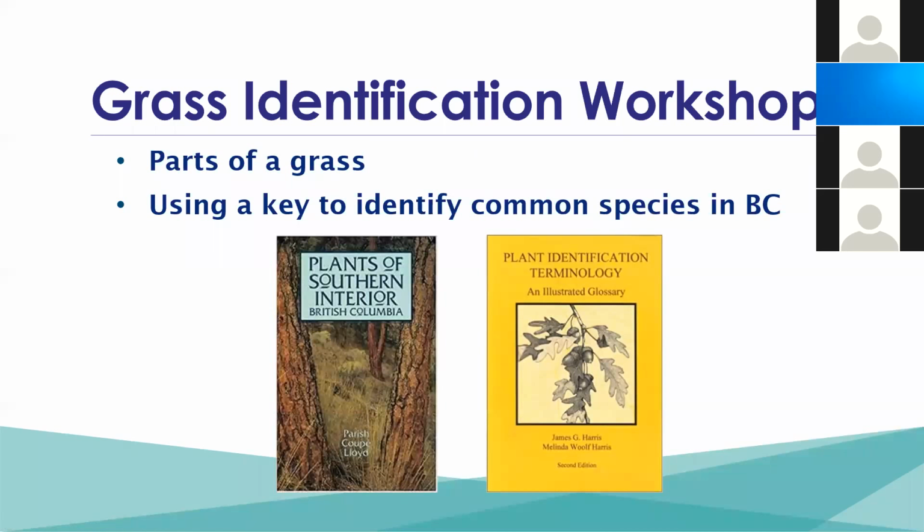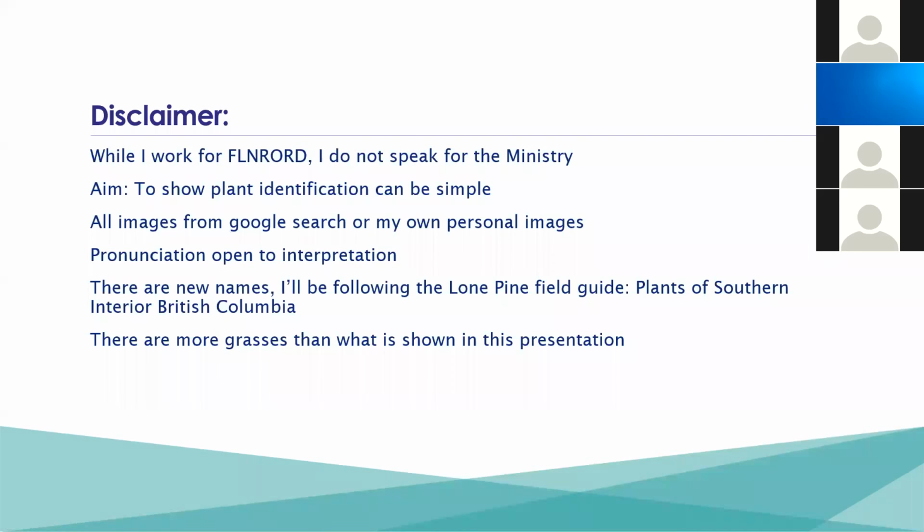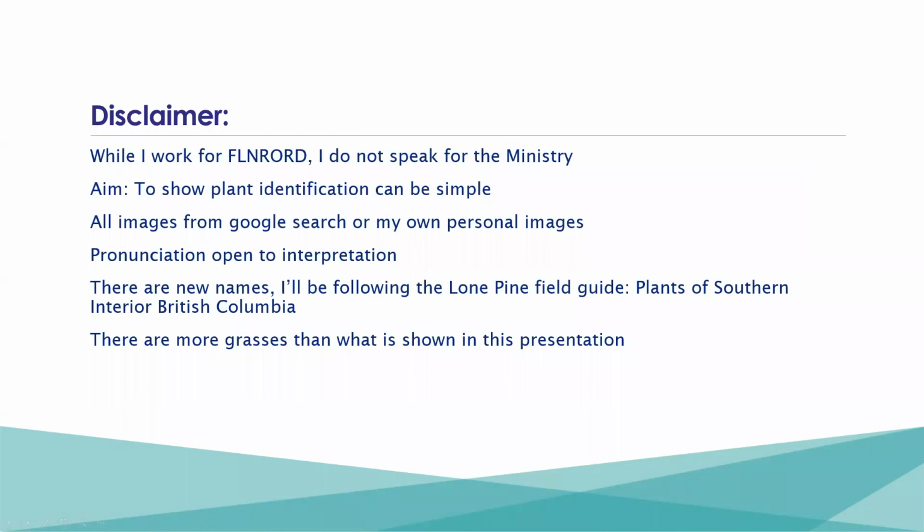Here's the pictures of the books, and here's my quick disclaimer. While I am an employee of Flinnerod, I'm not speaking for the ministry. This is just an extra bit of fun that I am a nerd and decided I can do this. My aim is to make plant identification really simple. As such, I am going to oversimplify some things. You're going to find grasses that are a bit more complex out there in the real natural world.